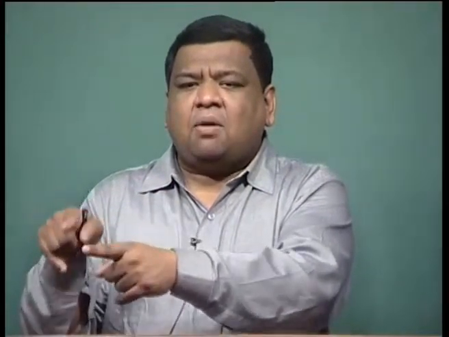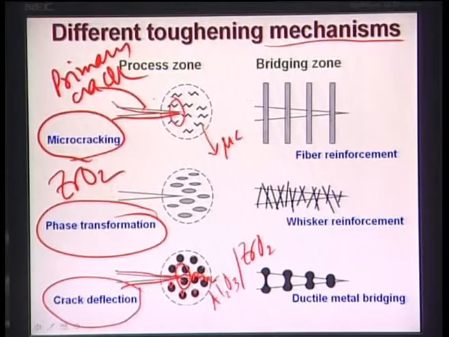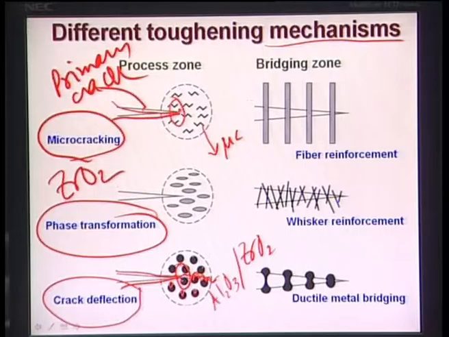As far as the length scale is concerned, your primary crack has a much larger length compared to your microcrack. Now, you know that sigma tip, the stress that is concentrated at the crack tip, is directly proportional to the square root of the crack size. So, at the primary crack, your stress concentration will be much more. Okay. And when this primary crack tries to propagate, what will your microcrack do?